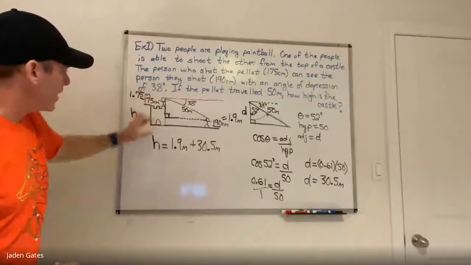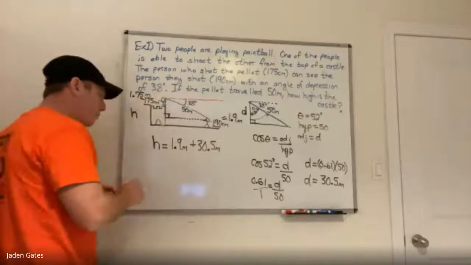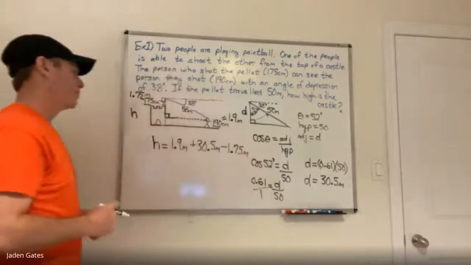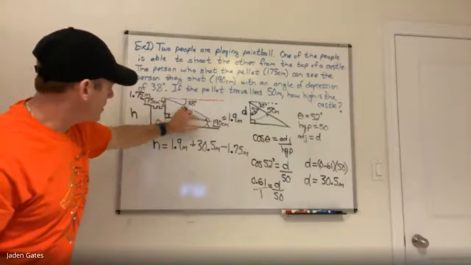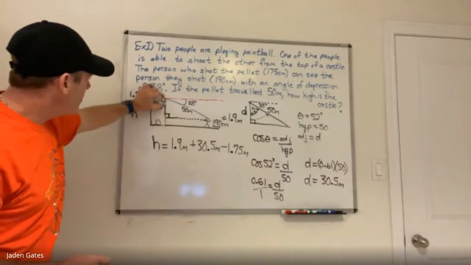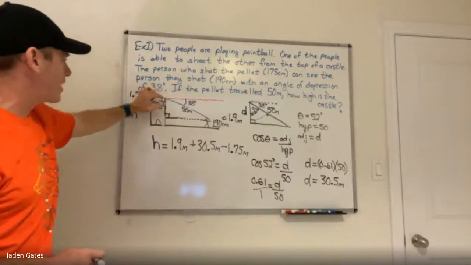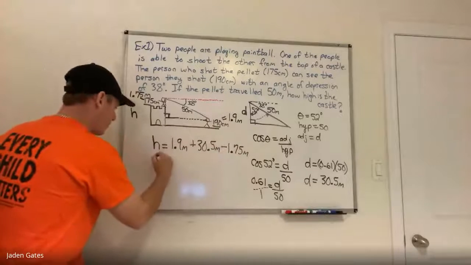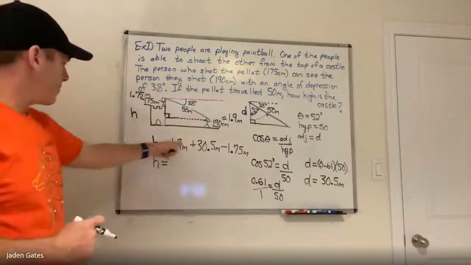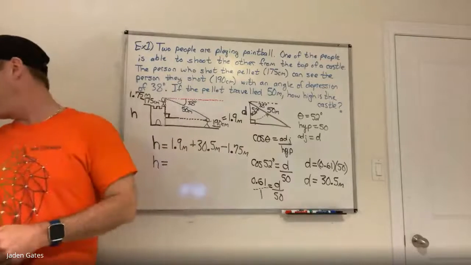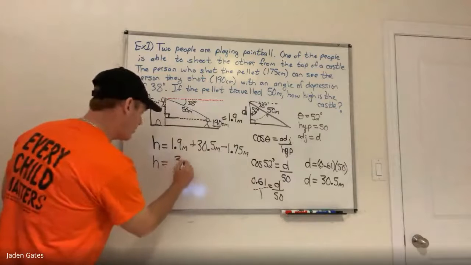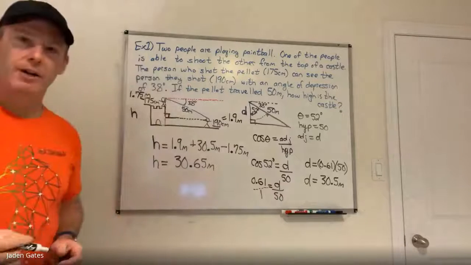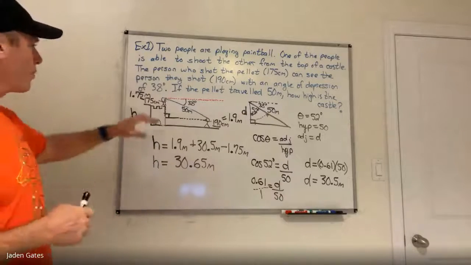I just want to know the height of the castle. So I am going to subtract the height of the person at the top, which is minus 1.75 meters. I had to add this person's height to account for the missing piece, but I'm also subtracting this person's height to account for the fact that they're standing on top of the castle. When I finally do all that math, 1.9 meters plus 30.5 meters minus 1.75 meters, it turns out that our castle is in fact 30.65 meters high.